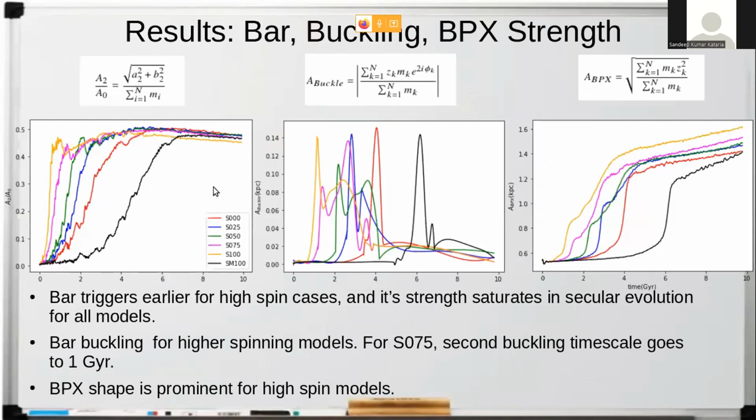Then in the secular evolution, we see that our bars are sustained, which I think is because our initial conditions are designed in that way. For the counter-rotating case, the bar forms late, and it has consequences on the angular momentum transfer from the disk to the halo, which I will show in a later plot.